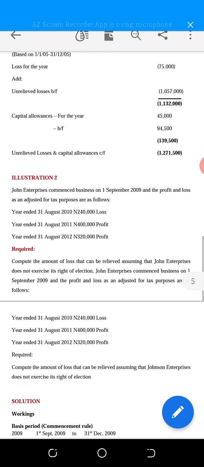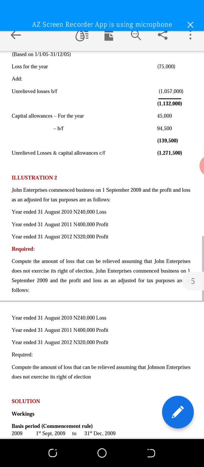Our major concern here is to lay emphasis on how you treat losses. In actual sense, you'll be given a question where you will solve it, and you'll be the one that will find out that the company doesn't have a taxable profit, that the year of assessment ended up in a loss.